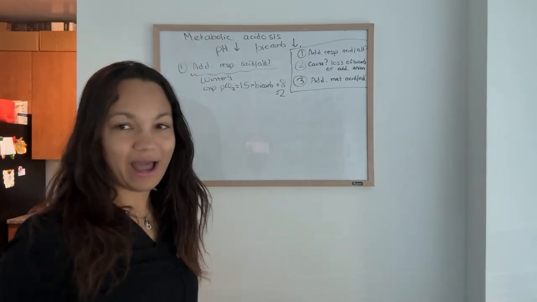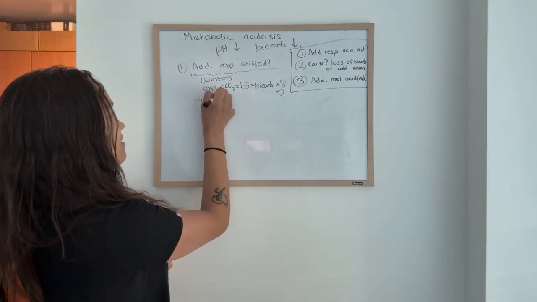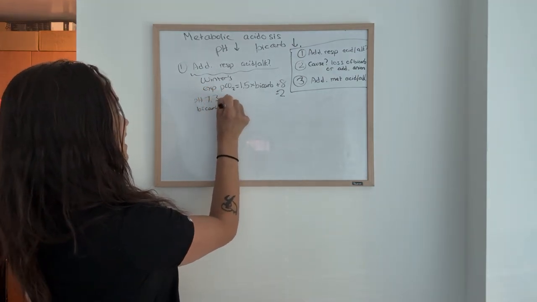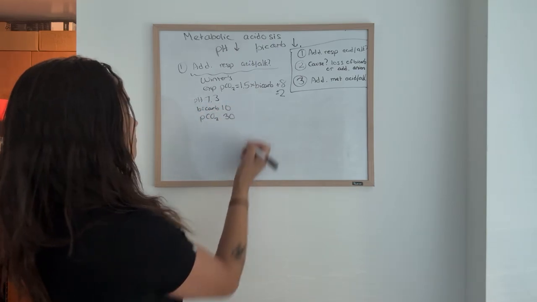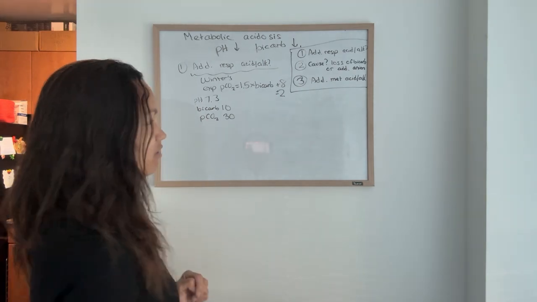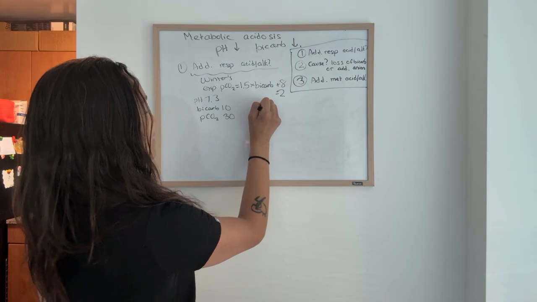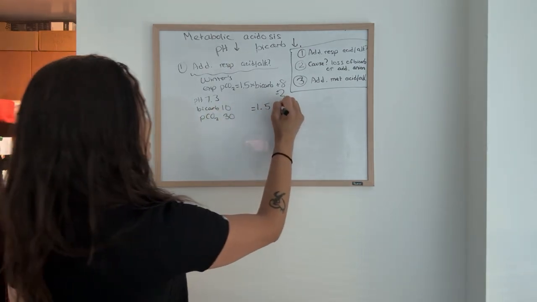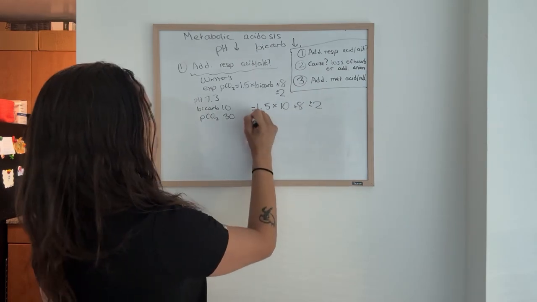So suppose you have a patient with a low pH, a bicarb of 10, and a PCO2 of 30. How do I tell here if there's an additional respiratory acidosis or alkalosis? Well, I use my Winters formula. So here I say my expected PCO2 is 1.5 times the bicarb, which is 10, plus 8 with wiggle room.